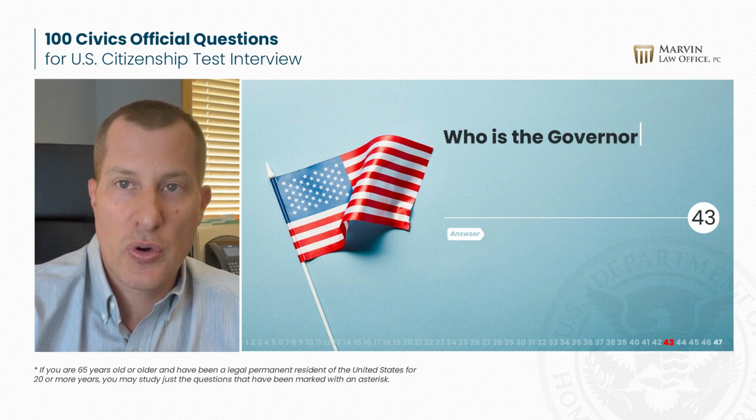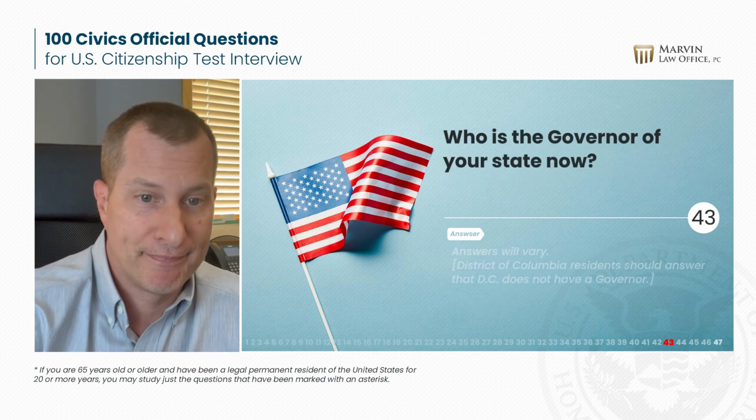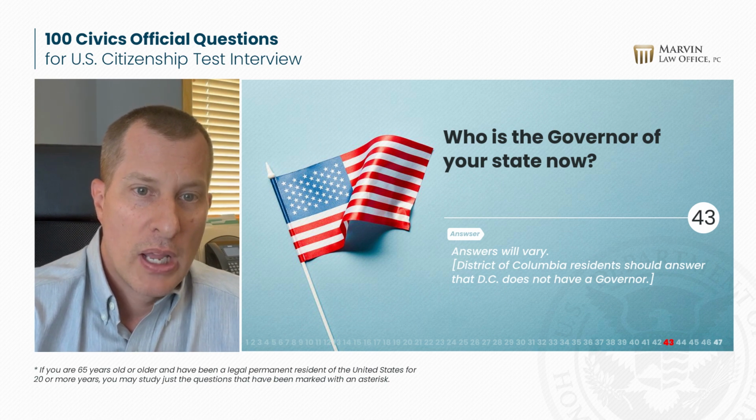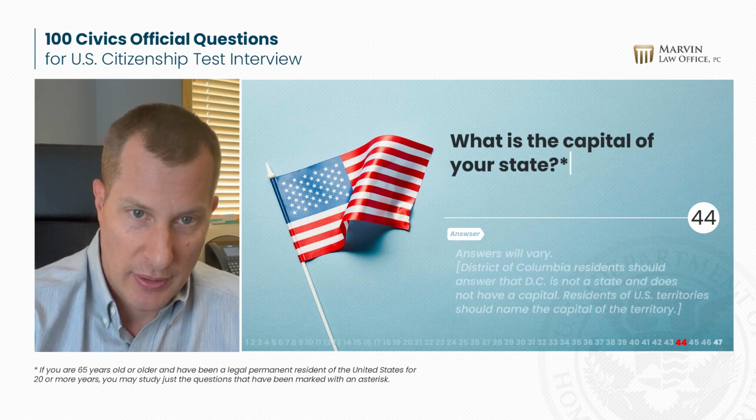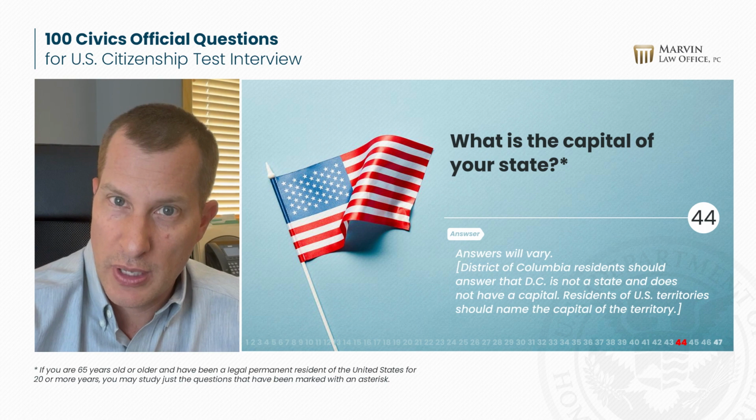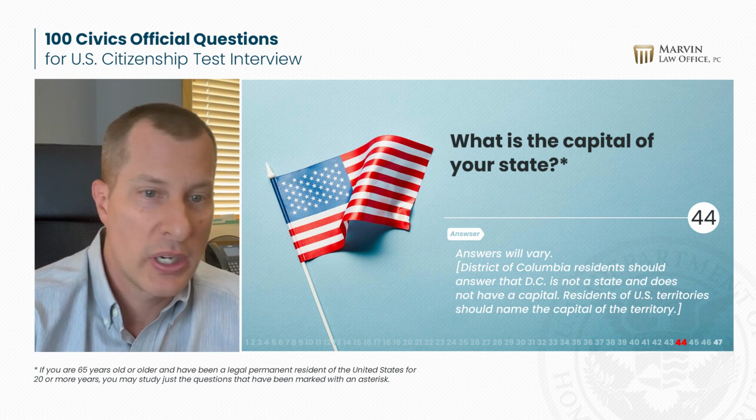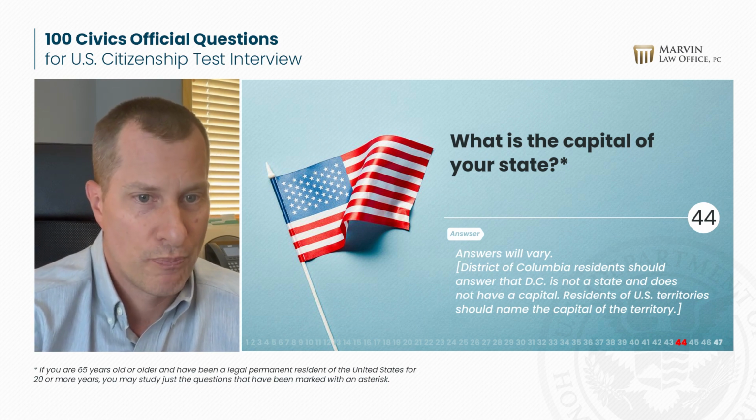Who's the governor of your state now? You got to look that up, okay? What is the capital of your state? Again, you got to look that up. You should know that. It's really easy to find. Just do a Google search.